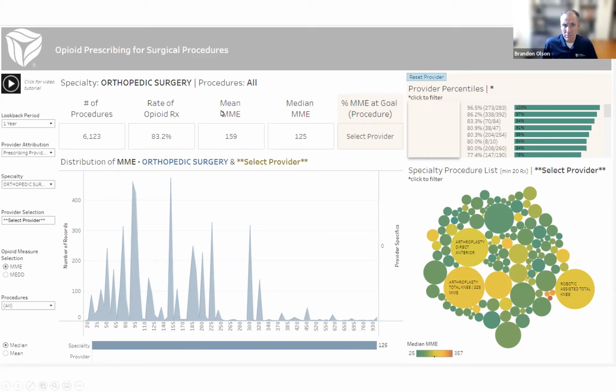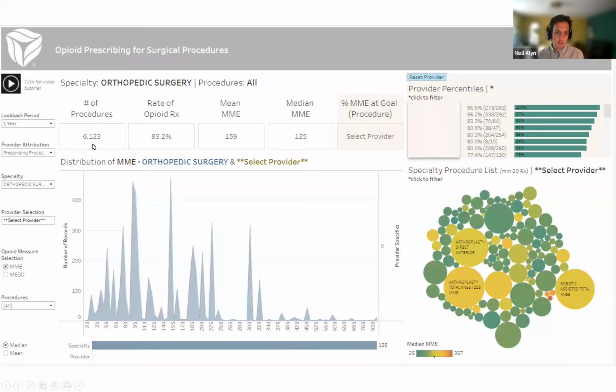Do a quick orientation here. At the moment, I've selected a specialty down here of orthopedic surgery. We're looking across all of the different surgeries and procedures that orthopedic surgery performs over the past year. This tells us the total number of procedures and our overall rate of opioid prescriptions.